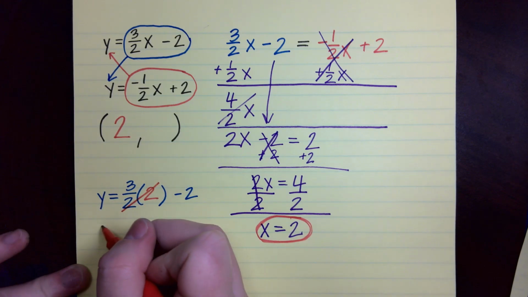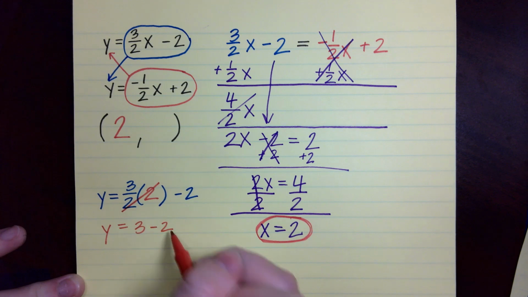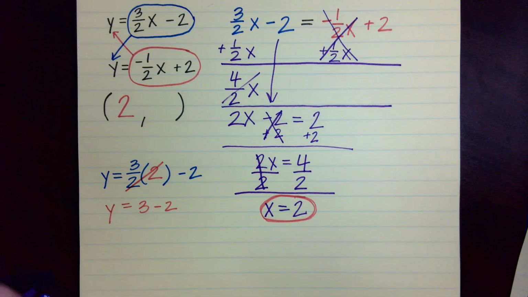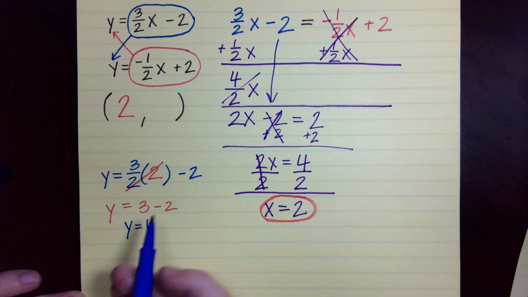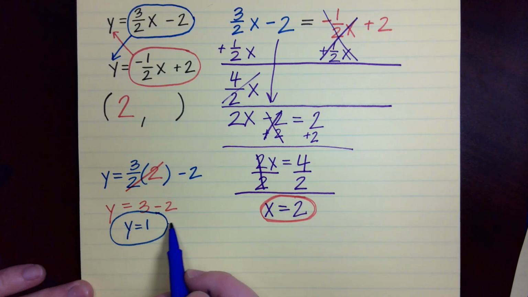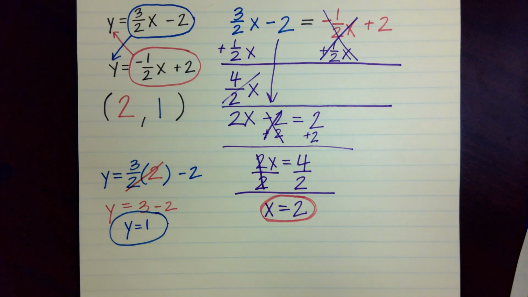And we really just have y equals 3 minus 2. What's that going to make our y? 1. Y is 1. So that's going to go in our coordinate, and that's our answer.